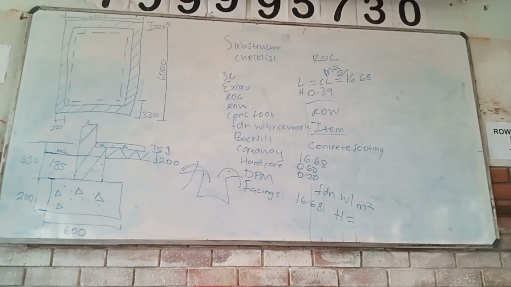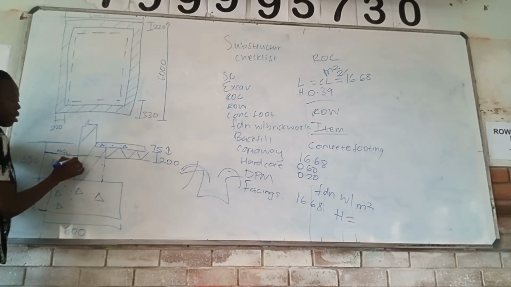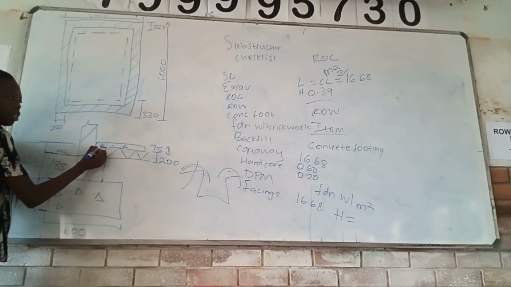What is the height of our foundation wall? 185 plus 200. What does it give us? 385. Is it all giving you 385? The foundation wall is this one again. So the foundation wall is being reduced here under the surface bed level.